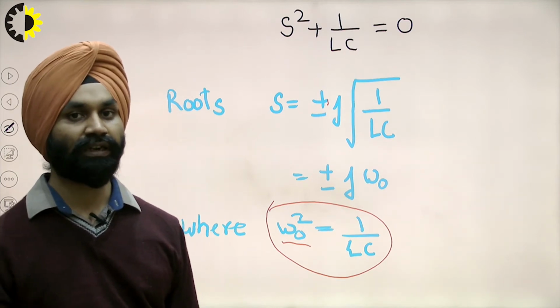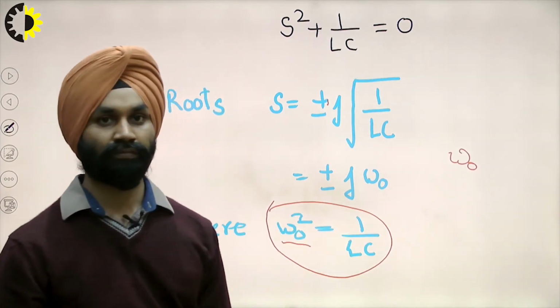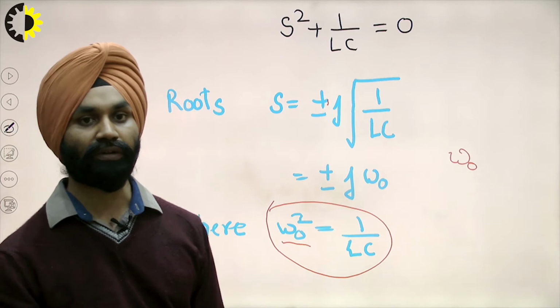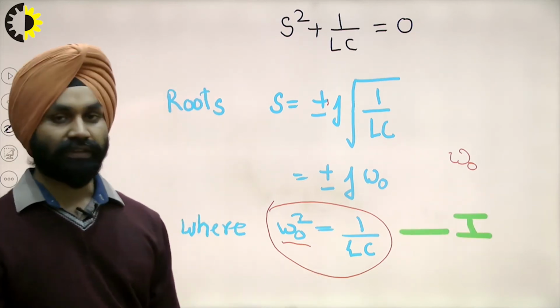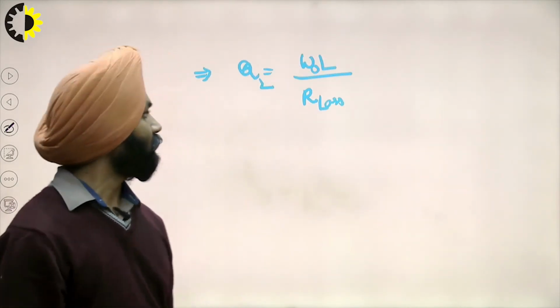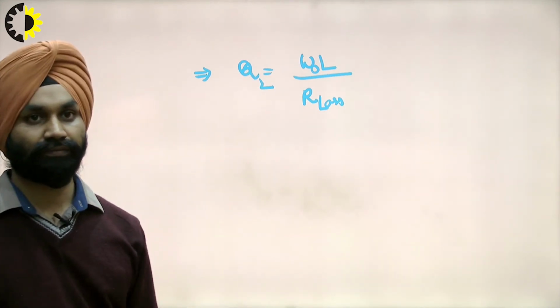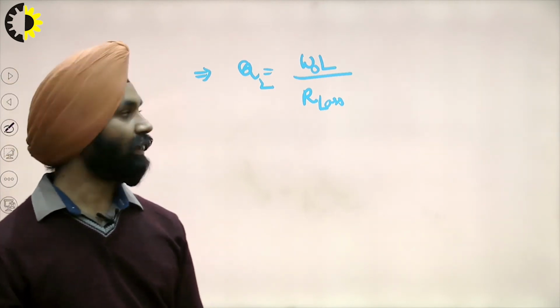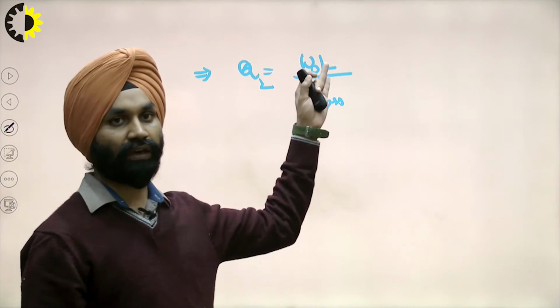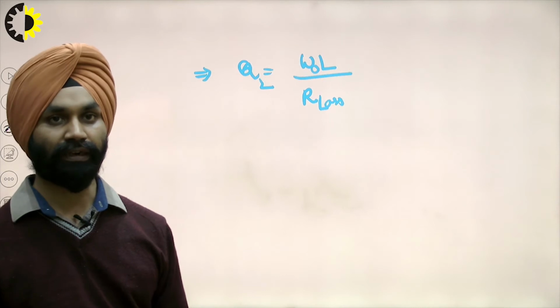Let us suppose this term is omega naught, because the poles are dependent upon these two terms. So, let us take this as the first equation. Second, we have another term given by QL, which is equal to omega naught L upon R loss, where R loss is the losses introduced by the inductor.